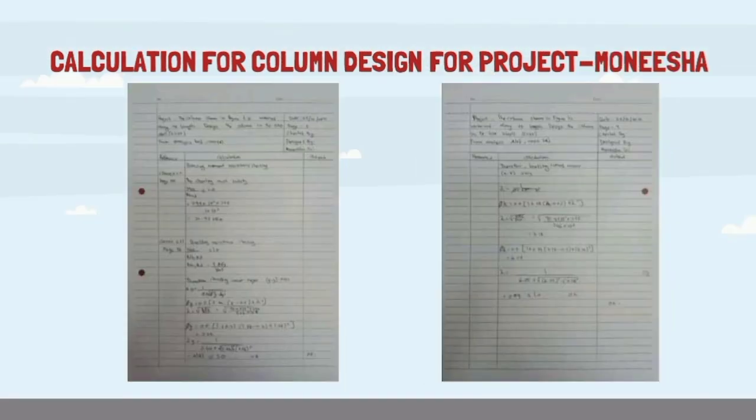Reference clause 6.2.5 page 50. Bending moment resistance checking. The checking must satisfy MED over MRD less than or equal to 1.0 for class 1 cross section.